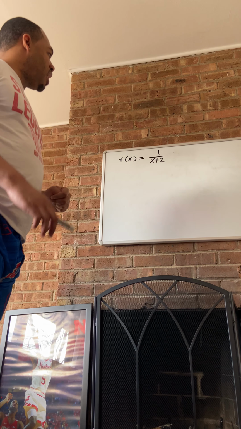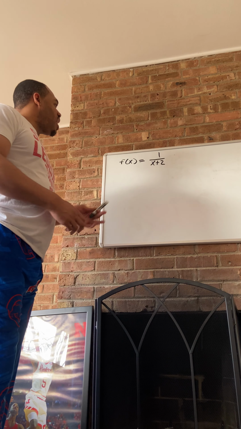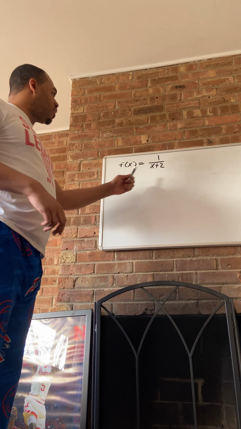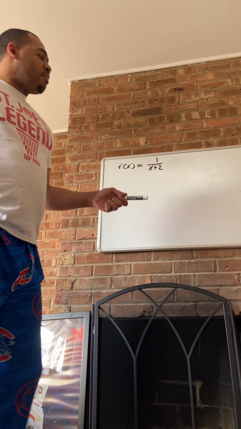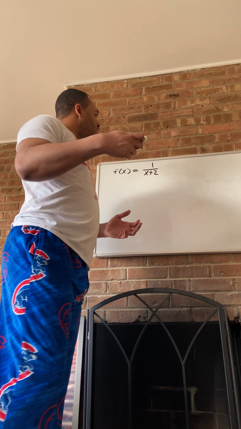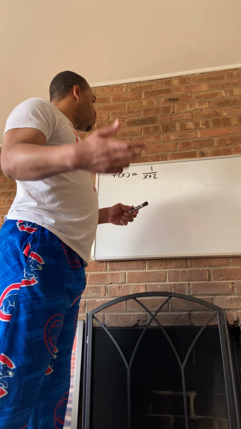So today I'm gonna go ahead and explain this example. It gives us, in the last slide, f of x equals 1 over x plus 2. The first thing I'm going to find is my domain. I'm finding my domain first because that's the same process I need to do to figure out my vertical asymptote.